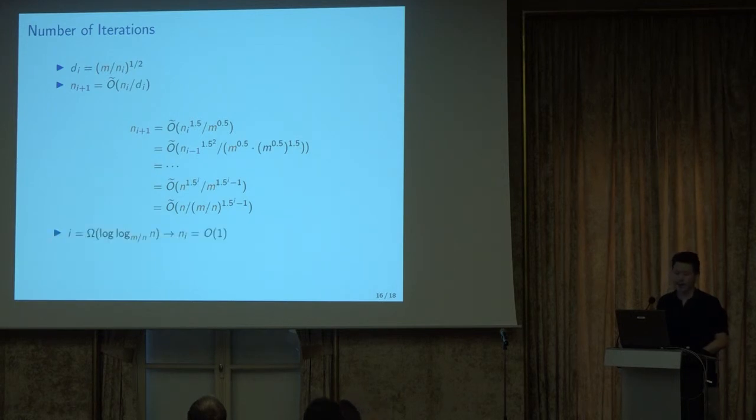This means that after log n iterations, our algorithm will stop. And because in each iteration we run a neighbor increment procedure, which takes log diameter runs, the total number of runs is just log diameter times log n.